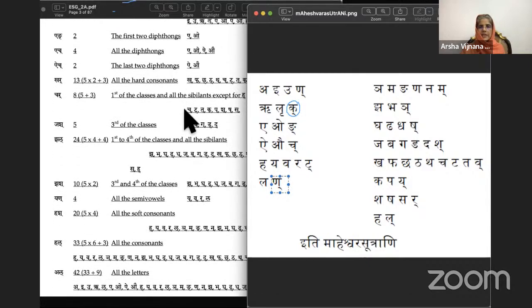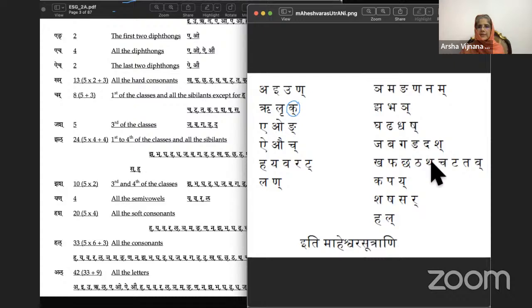Then there is char. What is char? First letter of all the groups, char. Where is char? Let us look at char. Fifth line, fourth line, 3, 4, 5, in the middle.